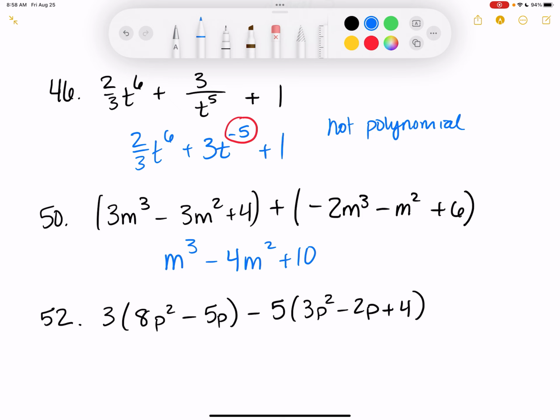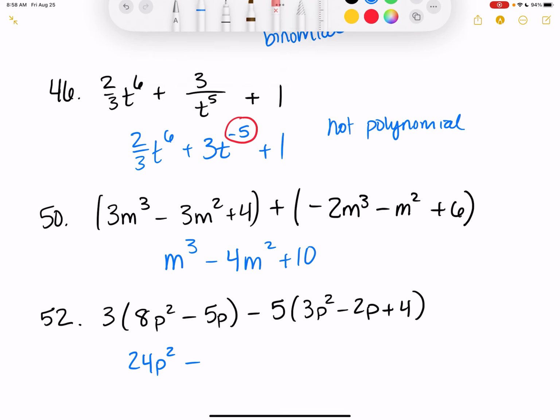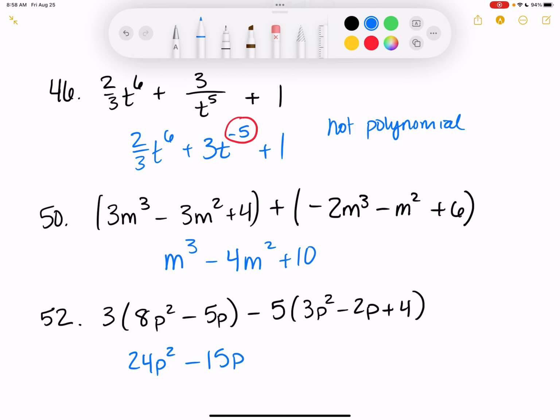So 3 times 8p squared is 24p squared. 3 times negative 5p is negative 15p. And now I'm going to multiply this negative 5 through these three things. So that's going to be negative 15p squared, then plus 10p, then minus 20.